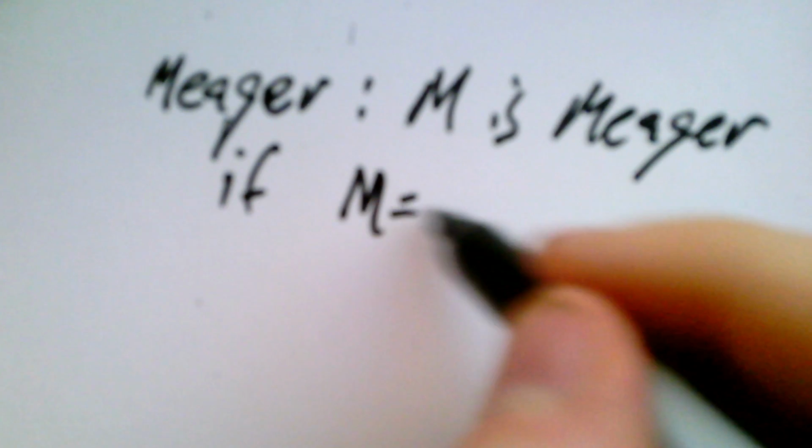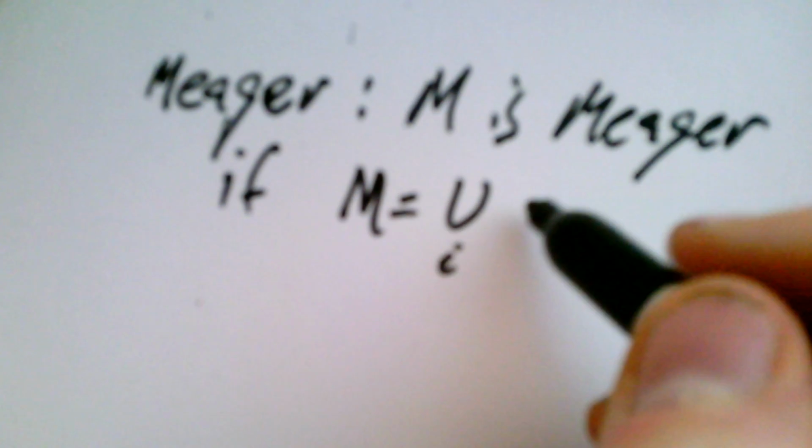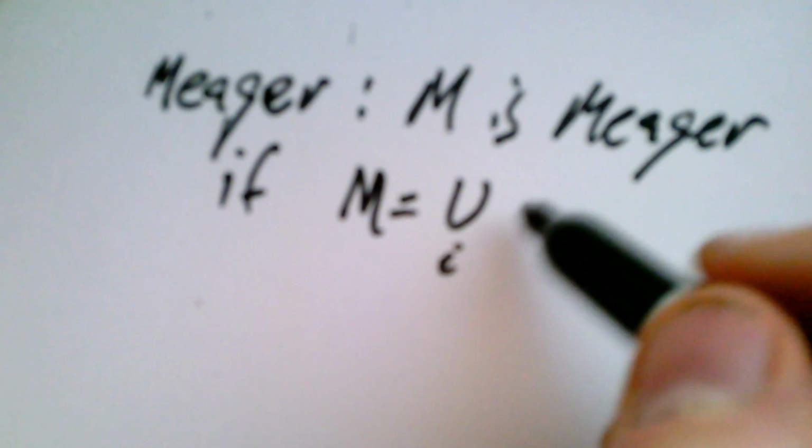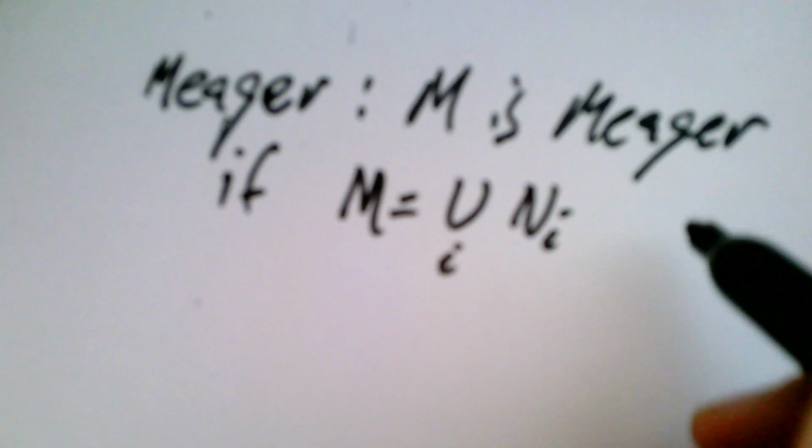Then meager was the other thing we talked about. M is meager if M equals the union of countably many nowhere dense sets.